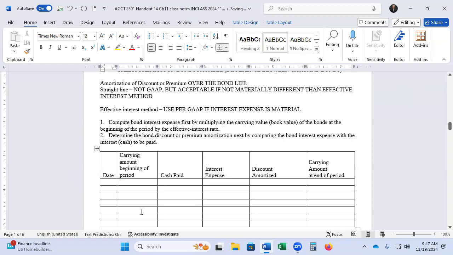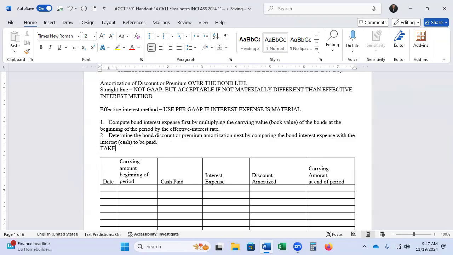So let's say we take a loan to pay for a building, or I'm sorry, not a loan, a bond payable. $348,000-ish. Okay.